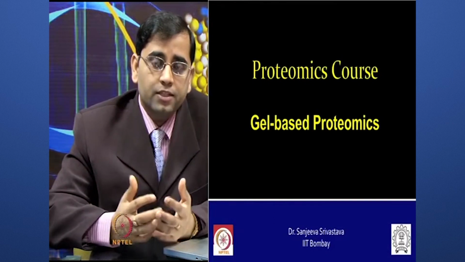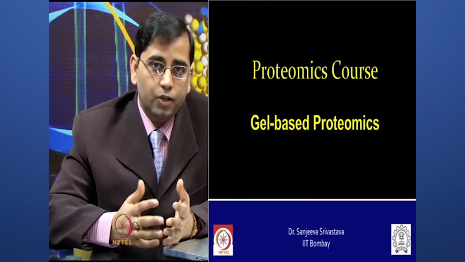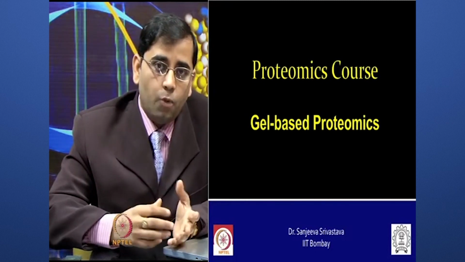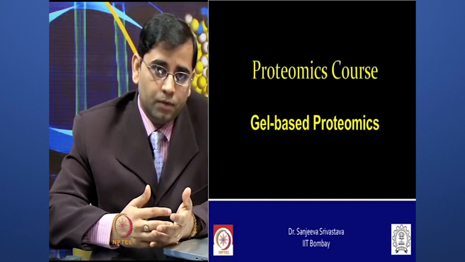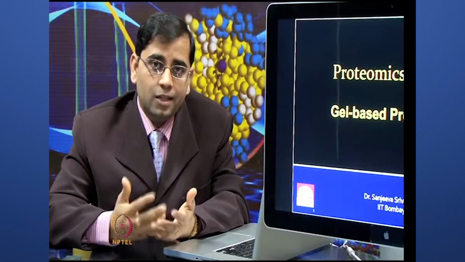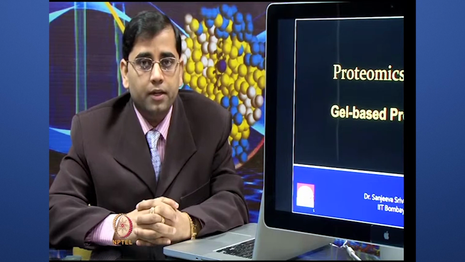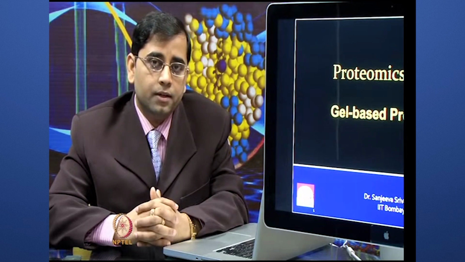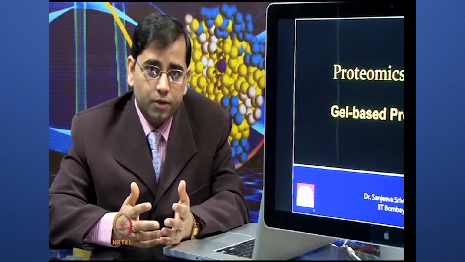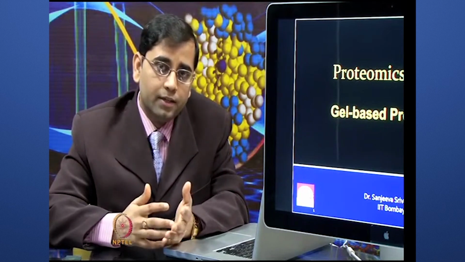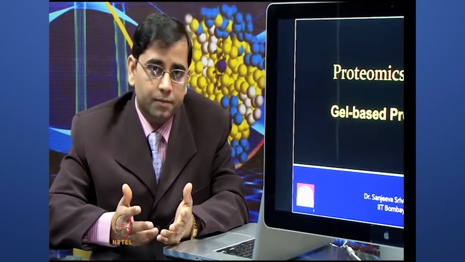So, in gel-based proteomics, we will talk about the different principles involved in operating each of these techniques and their applications. For example, SDS-PAGE can be used to separate proteins based on their molecular weight. Two-dimensional electrophoresis separates proteins based on both isoelectric point and molecular weight in the two dimensions.